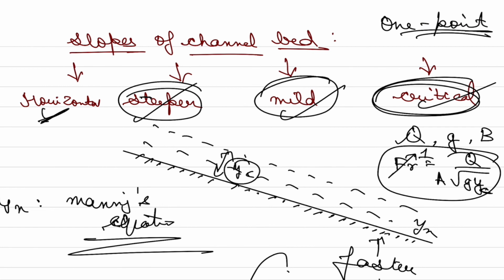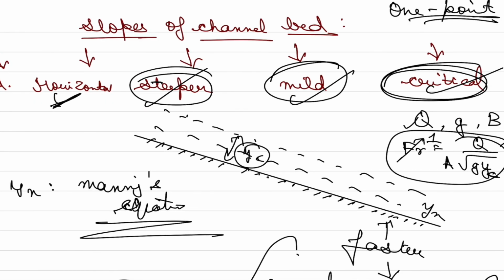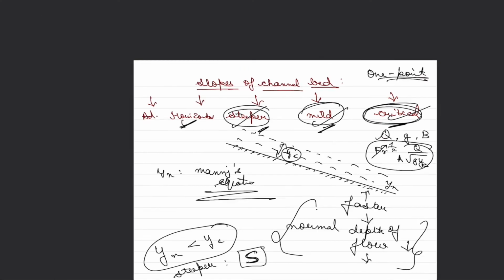If it is slightly greater, we can say that since normal depth of flow is greater than critical depth of flow, it can be classified as subcritical, so we can go with a mild slope classification and so on. So steeper and mild are going to be our most common candidates, whereas critical slope will help us understand certain phenomena.